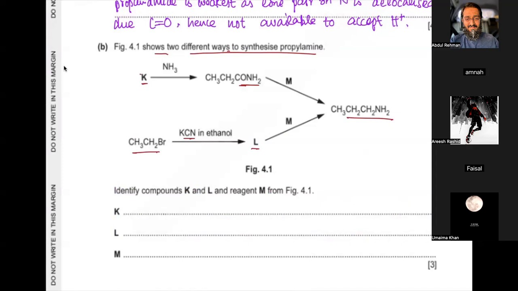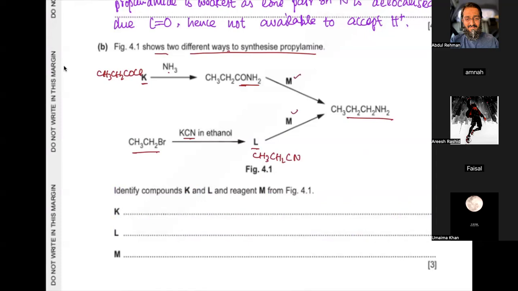So in the first case, K would be CH3CH2COCl. So the NH2 replaces the Cl forming amide. Over here, you are using KCN, so the compound L is going to be CH3CH2CN, a nitrile, and both undergo reduction.